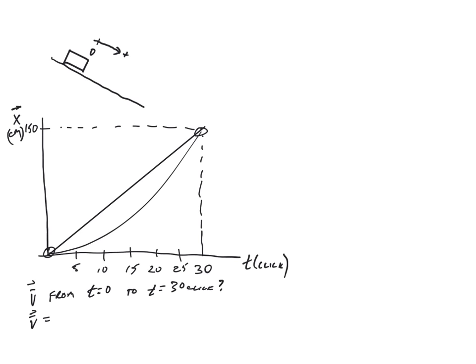So if I find the slope of that connecting line, I can use my positions at those 2 points.